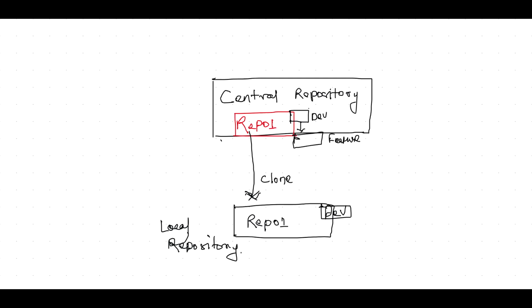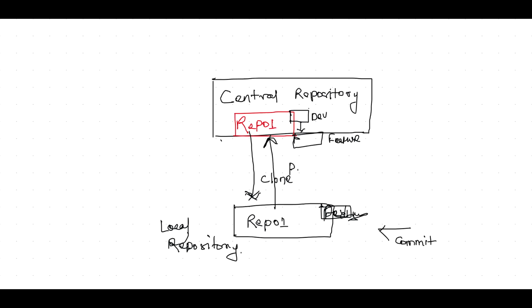And what you did, you cloned this feature branch in your local repository. Okay, this is your feature branch. Now, first thing you will do is make all your changes. Once you do all your changes, you need to commit them. Once you commit your change, you need to push your change into the central repository.